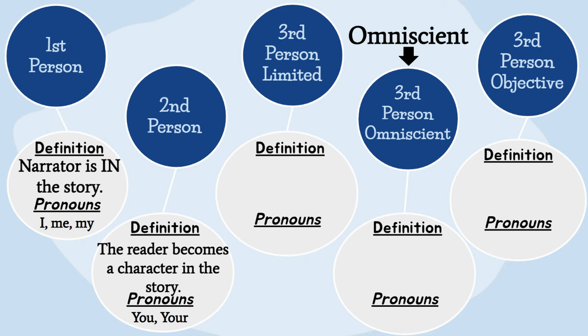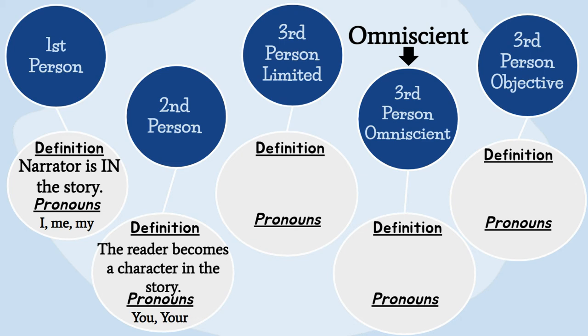The most common place I can think of is Goosebumps choose your own adventure books, when it's like you walk into the room and you could go left or you could go right, turn to page 37 or whatever. Second person is when it says you're walking into the room. Your decision is to do this. So you as the reader are now the main character.